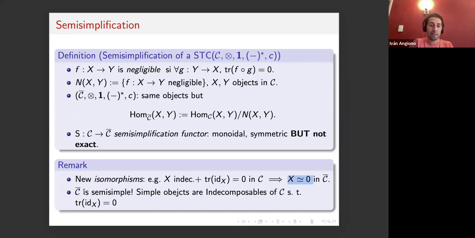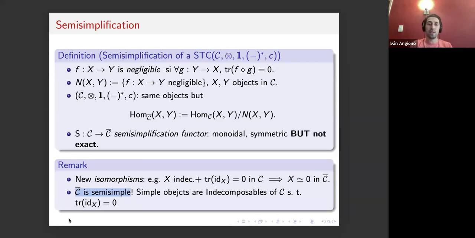Indeed, as I said, this category is semi-simple, and there is a very nice characterization of the simple objects down. Up, we don't have a semi-simple category. Well, if you start with a semi-simple category and you semi-simplify, you do nothing. C bar is C. But if up is not semi-simple, you can decompose every object as a sum of indecomposables, and these become simple down.